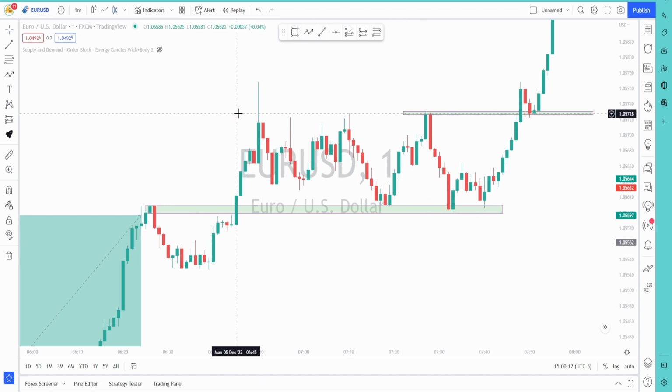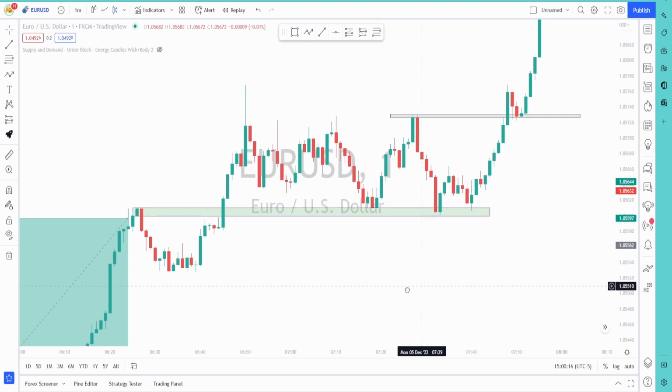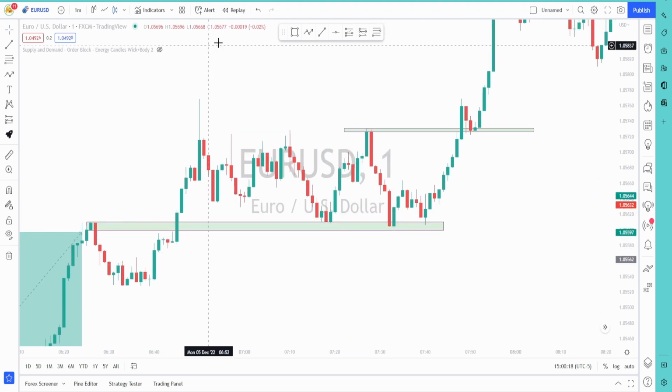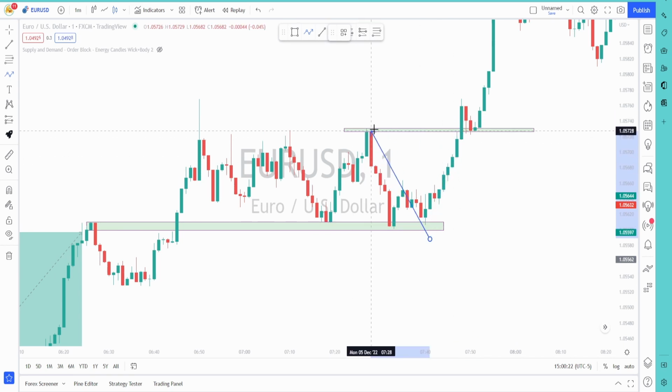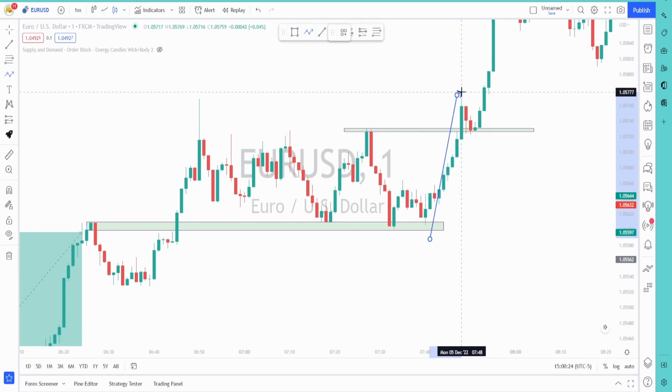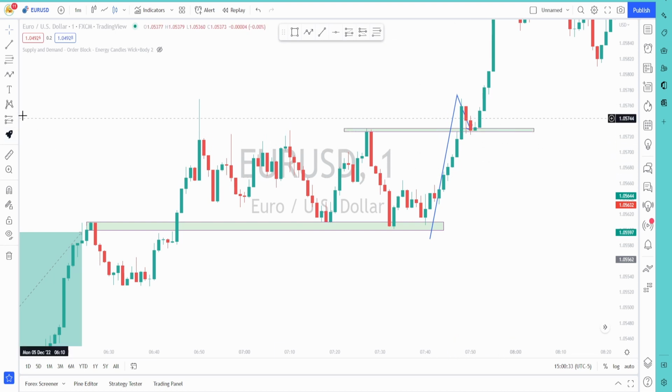You can see how price was bouncing back and forth, not really going anywhere. And then finally, you can see that price decided to shoot above this area, then came back and retested it. And at that point, you could have gotten in on the trade.